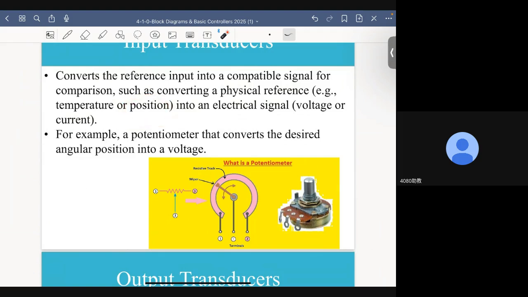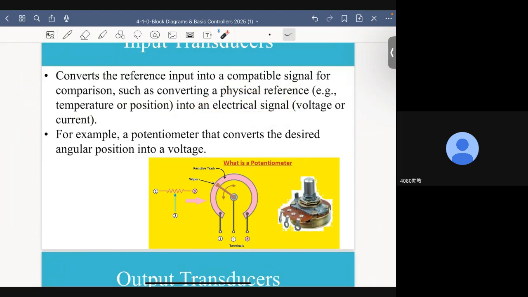But in real control systems, which are often made of digital components such as microprocessors, microcontrollers, and computers, those digital devices only receive electric signals.